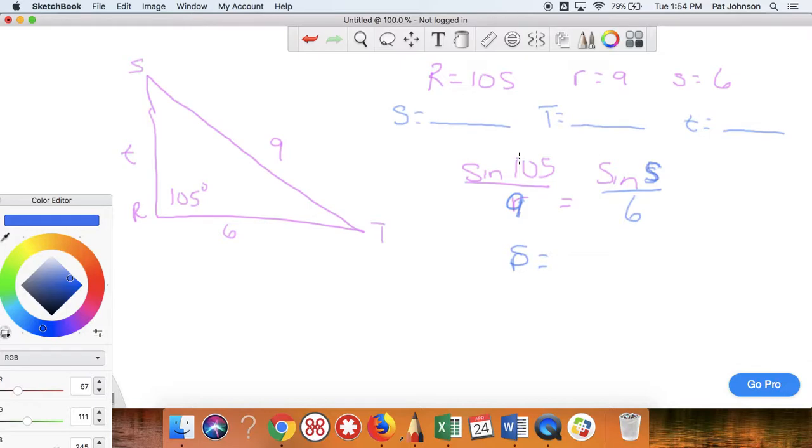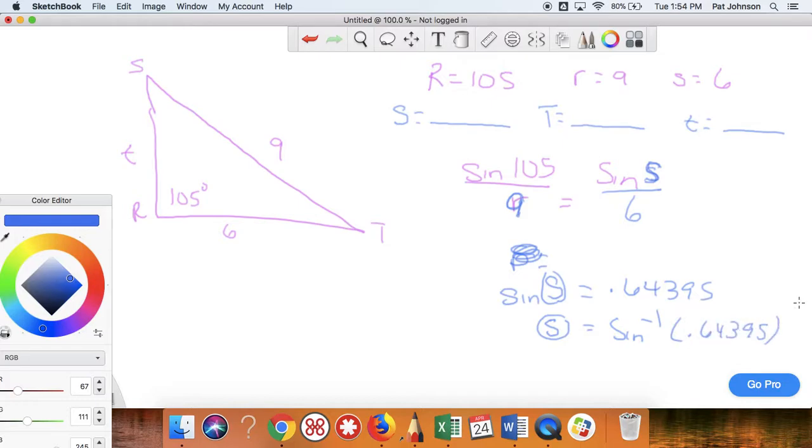And then we're going to do the inverse sine, because then we're going to have sine of S, this is our theta, is equal to 0.64395.